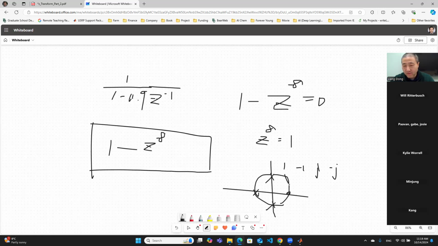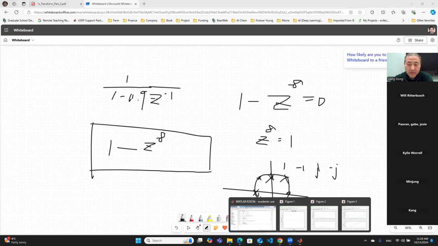I have another 4 at 45 degrees. So it's here, here, here, and here. Basically, you have a magnitude of 1. The angle is 0, 45 degrees, 90 degrees, 135, 180, and so on and so forth. So I do have 8 different roots. I'm sorry, it's zeros, that's on the numerator. So the zeros are at those 8 locations.